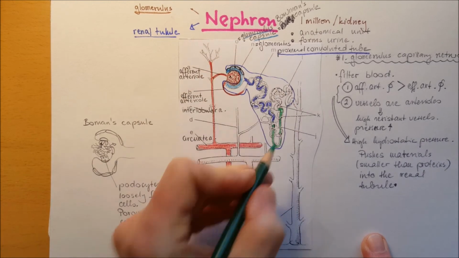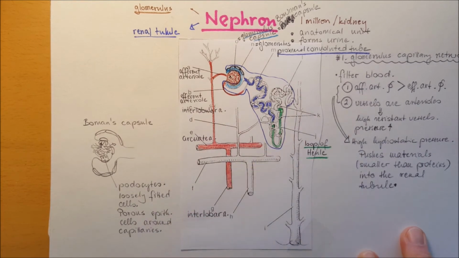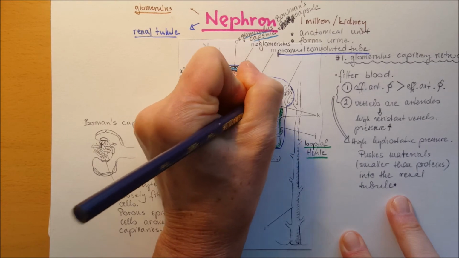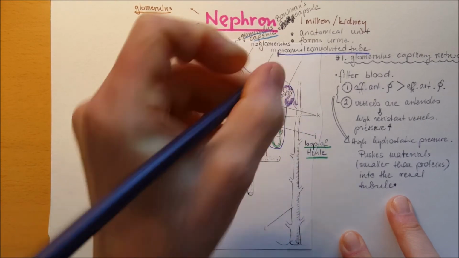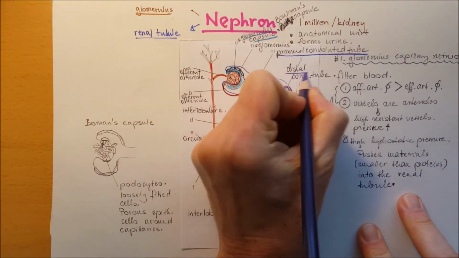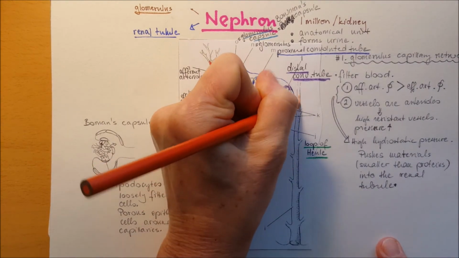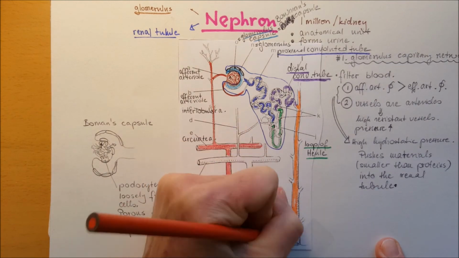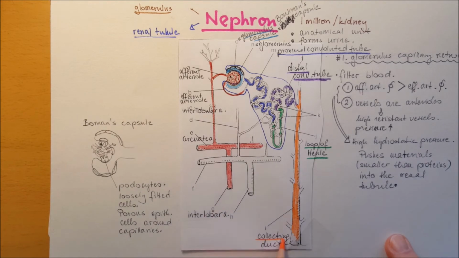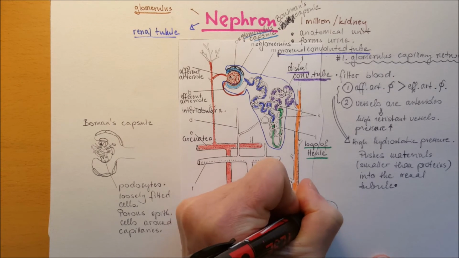Then it goes into a straight down and up tube, and this is the loop of Henle, which terminates into a distal convoluted tubule. This distal convoluted tubule will drain into this orange pipeline. This is called the collecting duct. This is where the urine leaves the nephron.